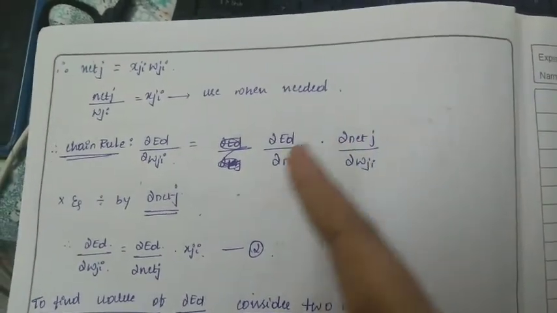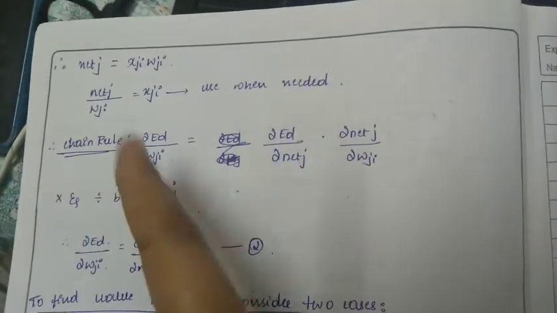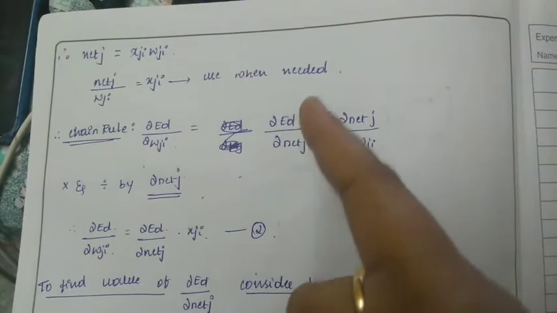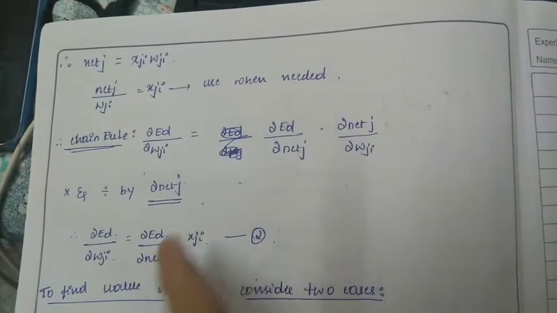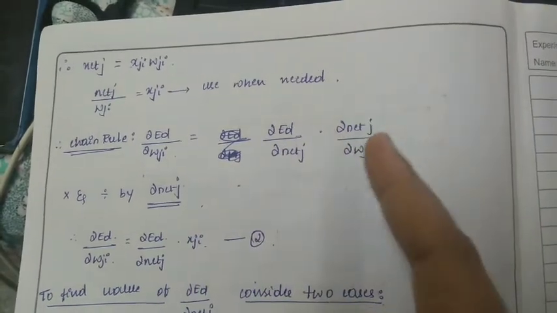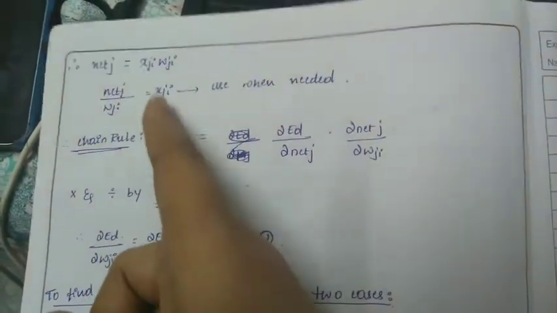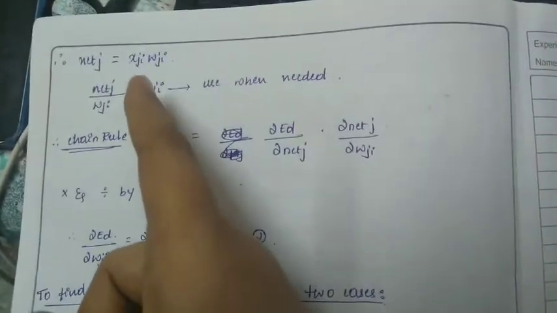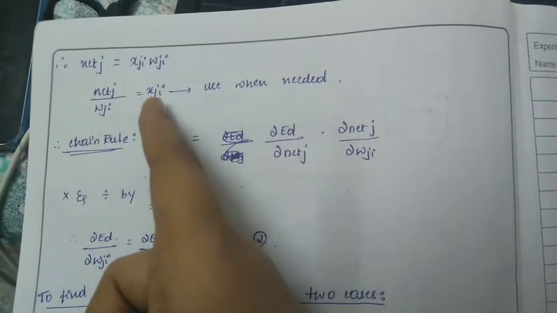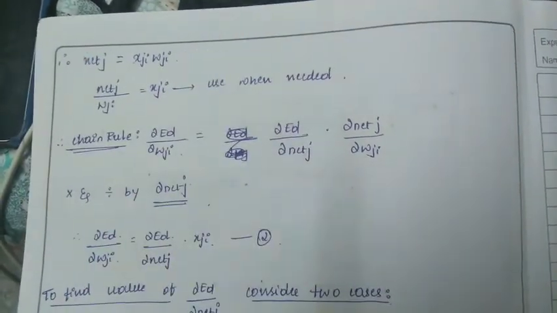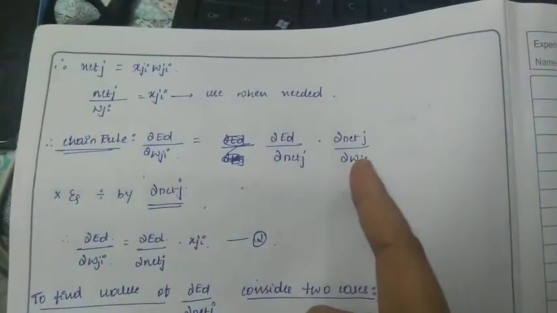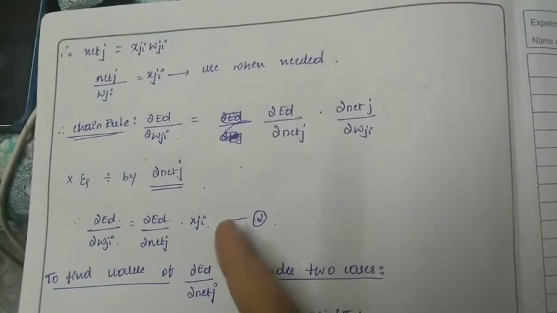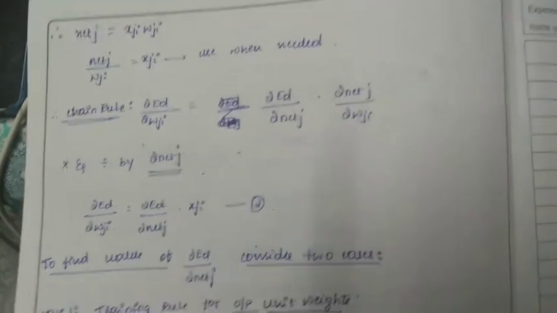When I cancel this, I get back the same value. Now delta E_d by delta net_j is going to remain the same, and net_j by w_ji, from this equation, is equal to x_ji, that is an input. So I'm going to substitute it here. Take this as equation number 2.